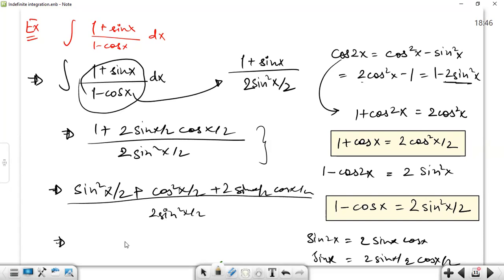Now we have already simplified this function. Let's divide the numerator by the denominator and go ahead.